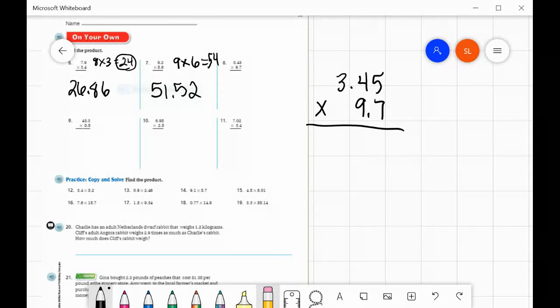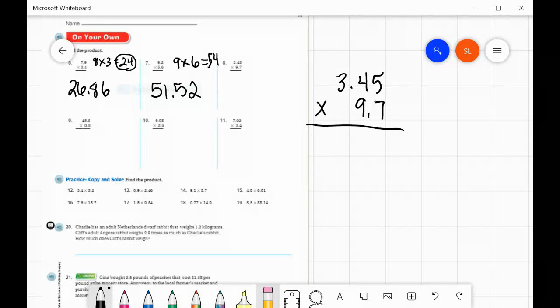Now, number 8, we are not lining up the decimal points. We're lining up the digits, not the place values, sorry. So the 7 and the 5 are lined up, the 4 and the 9 are lined up, and the 3 doesn't have anything.